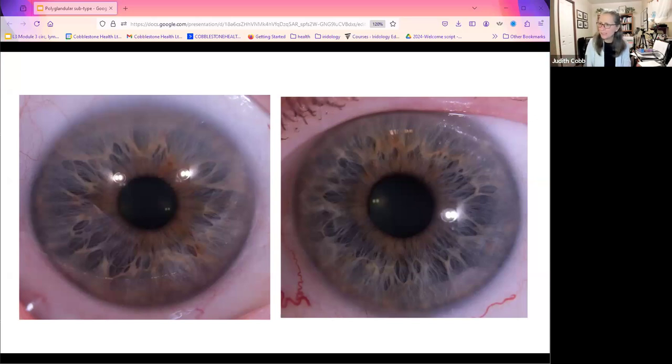Now, as we're looking at eyes like this, do you think you know anybody who's got eyes like this? If you do, I want to see in the chat box, just, if you know someone who you think has eyes like this. Maybe they're your eyes. Do you know somebody? I don't need their name.